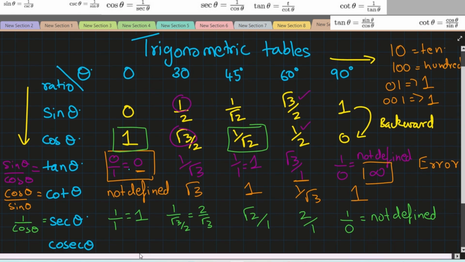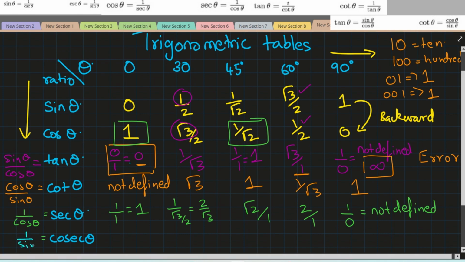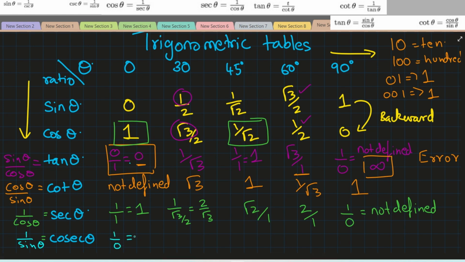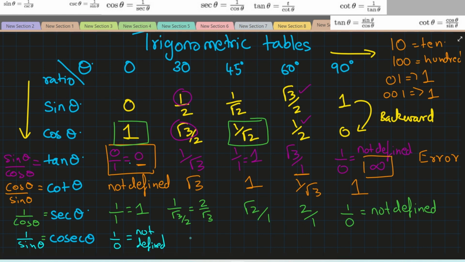Let's see cosec theta. Cosec theta is nothing but the reciprocal of sin theta. So 1 upon sin theta. So sin 0, so it will be 1 upon 0, which will give you not defined. Sin 30 is half, so the cosec theta will be the reciprocal of half, which will give you 2.